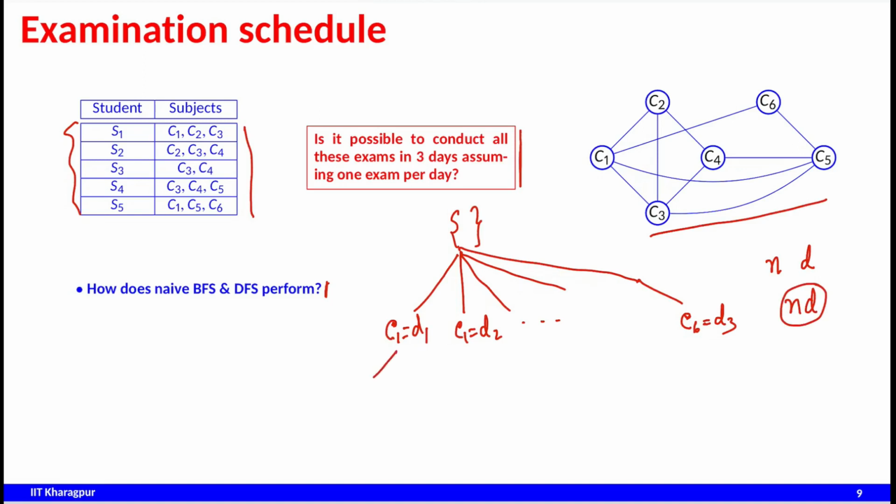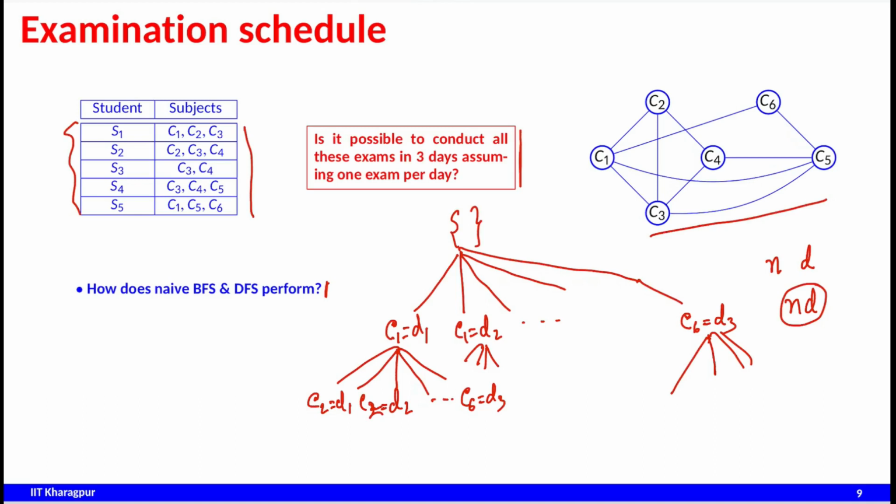Now from each of these options, I have to explore the other choices again. If I choose C1 equal to D1, so I have frozen C1. Now C2 can take D1, C2 can take D2, and so on. Similarly, C6 can take D3. At this level, how many choices do I have?